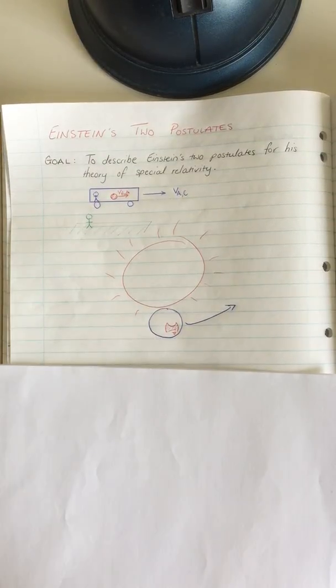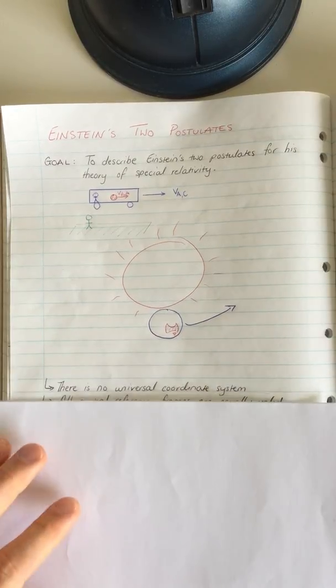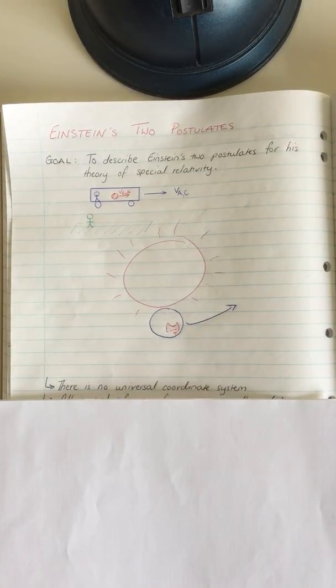So we need to move away from this natural instinct of thinking that there is a more correct inertial frame of reference. The first thing that comes out of this is we need to understand there's no universal coordinate system. We can take the sun and say the sun is moving within a galaxy, and the galaxy is moving within the universe relative to all sorts of other things.